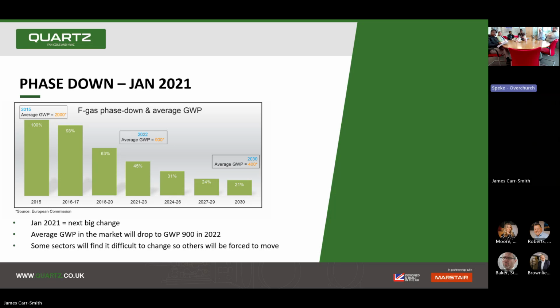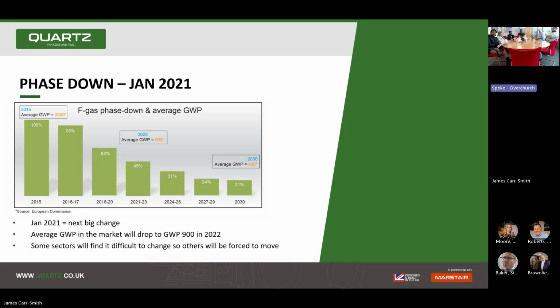There are lots of things that you read in the news and in the trade magazines regarding refrigerant and the trading of refrigerant. But essentially, the idea of this regulation is to phase out all the nasty high GWP refrigerants and replace them with more environmentally friendly ones. So CO2 is an environmentally friendly one.